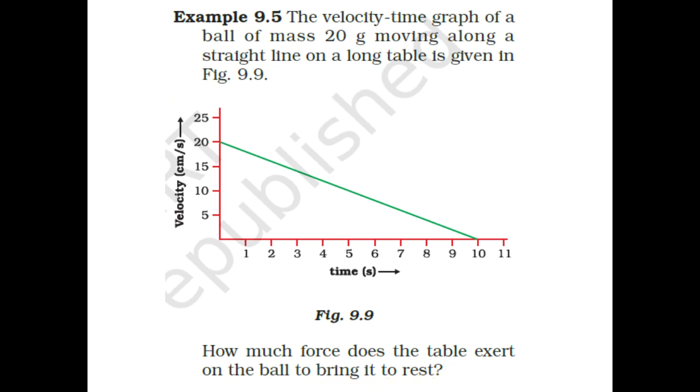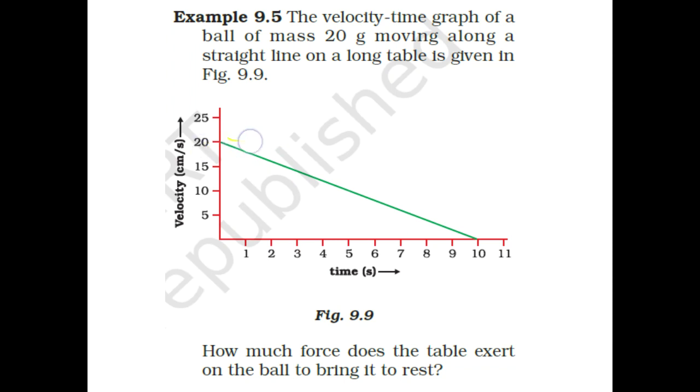So mass is given to us, and what things can we find from this graph? Here time is 0 and here is velocity, which is 20. If time is 0 and velocity is 20, it means the velocity of the object is 20 initially.